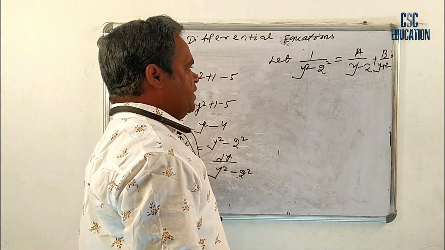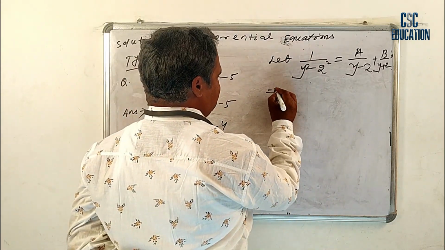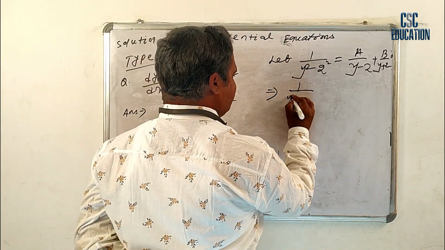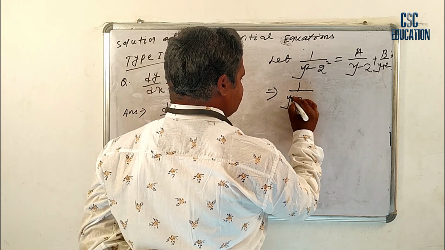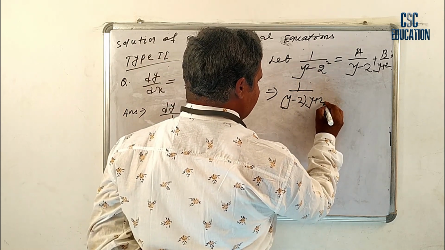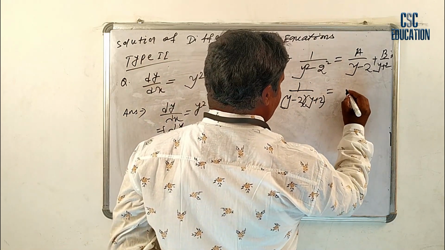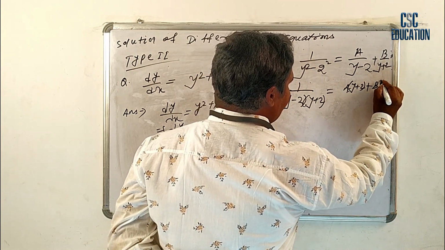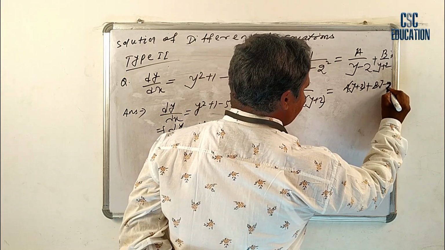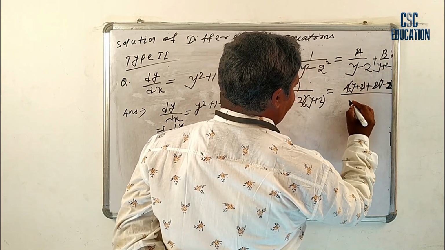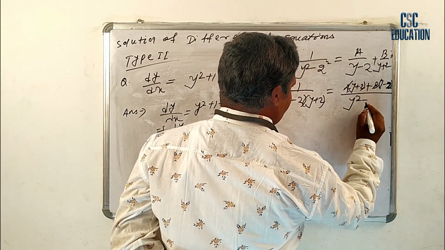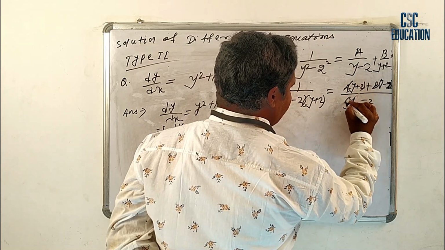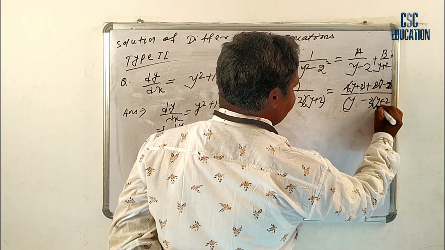Now 1 by y minus 2 into y plus 2 equals a of y plus 2 plus b of y minus 2, whole divided by y minus 2 into y plus 2.